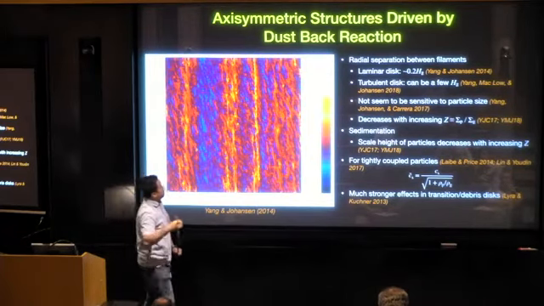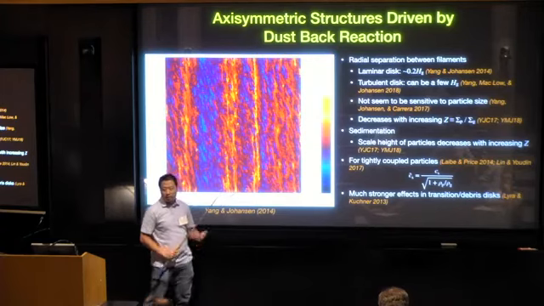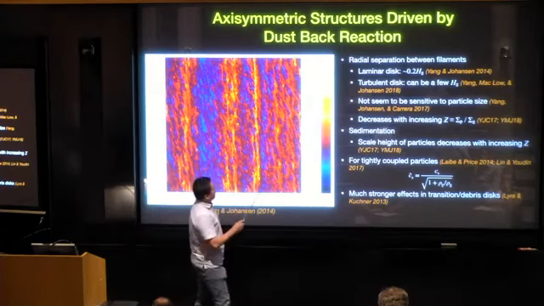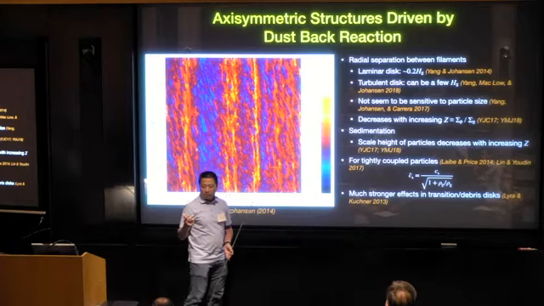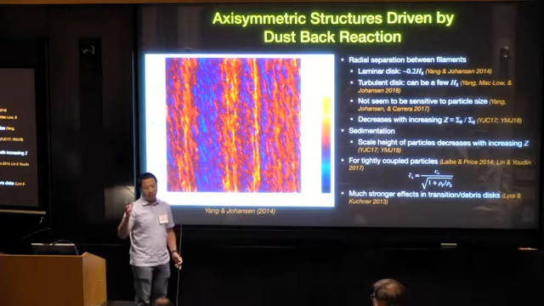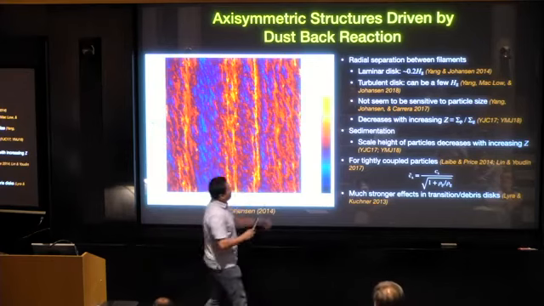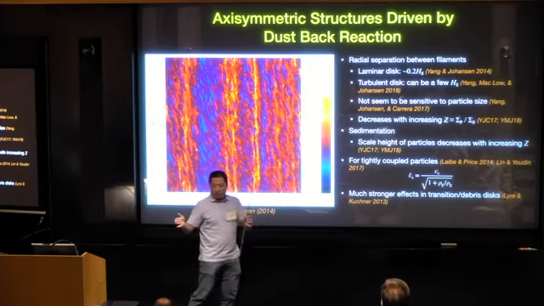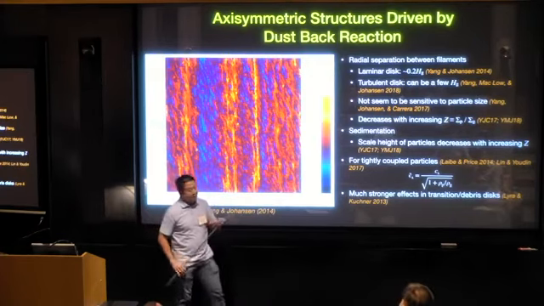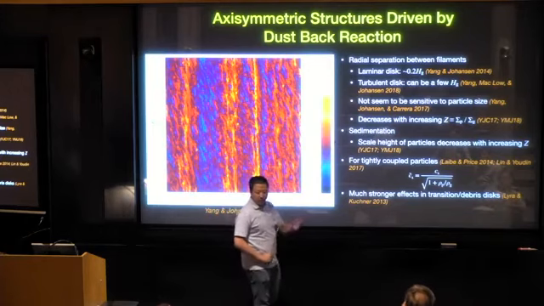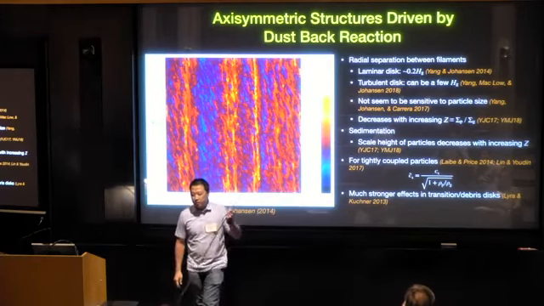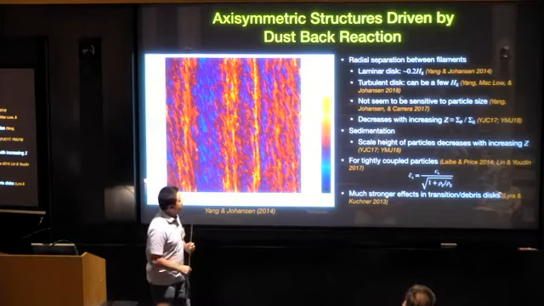And I have learned the properties of all these filaments. The first is the radial separation between the filaments. In a laminar disk, it's roughly about 0.2 gas scale height, and in a turbulent disk, it can be as wide as a few gas scale heights. This separation does not seem to be sensitive to the particle size.